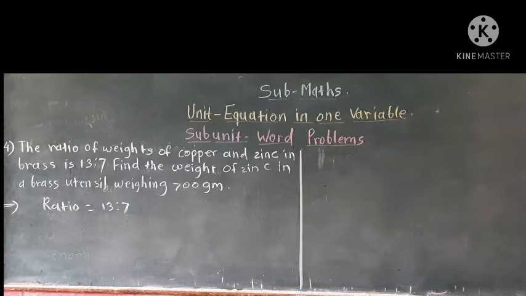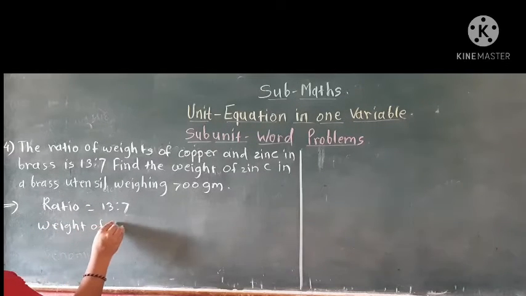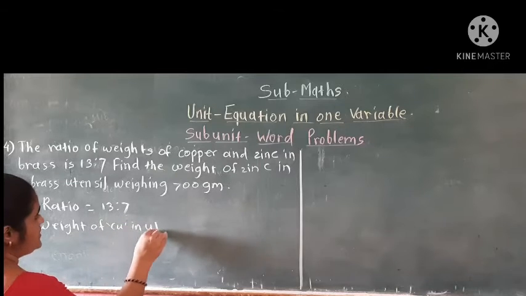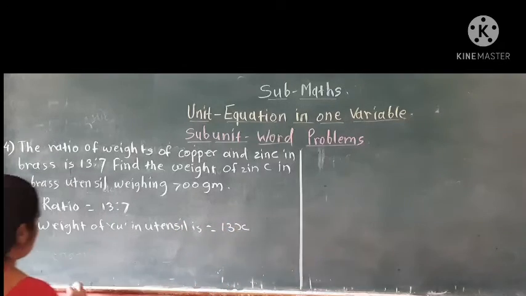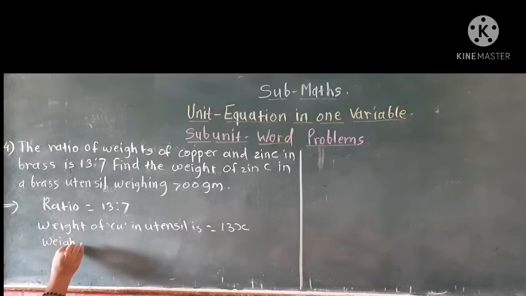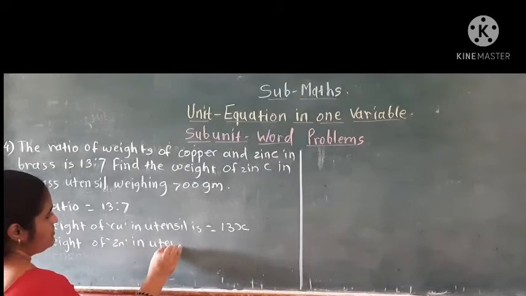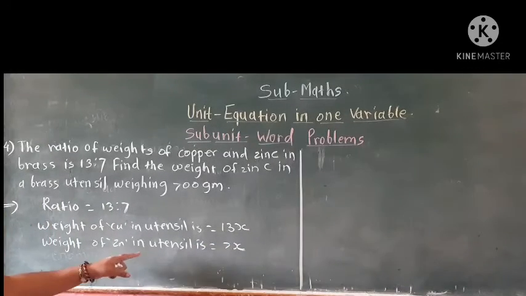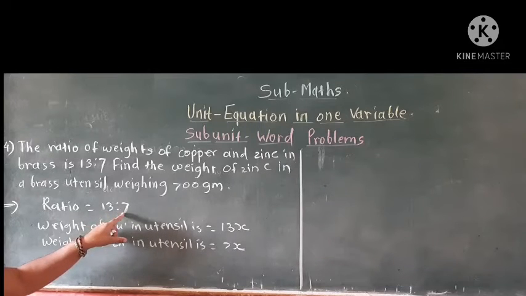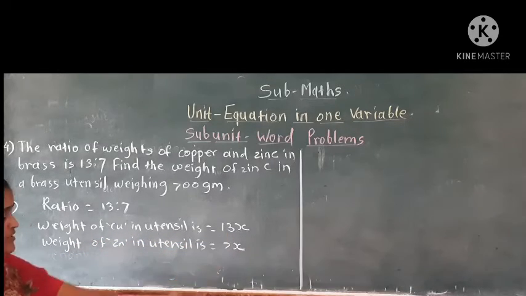So let's consider the weight of copper in the utensil as 13x, and the weight of zinc in the utensil as 7x. We don't know the actual weights, but we know the ratio present in the utensil.